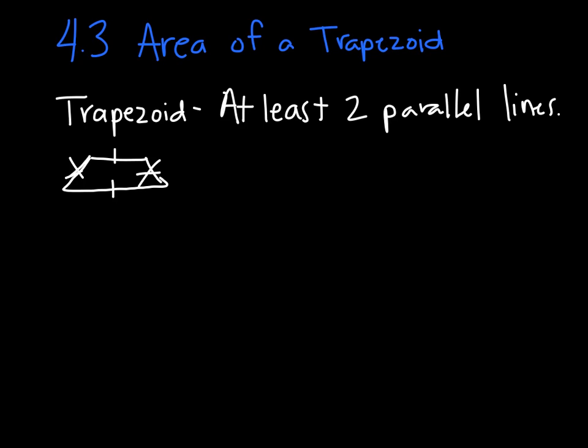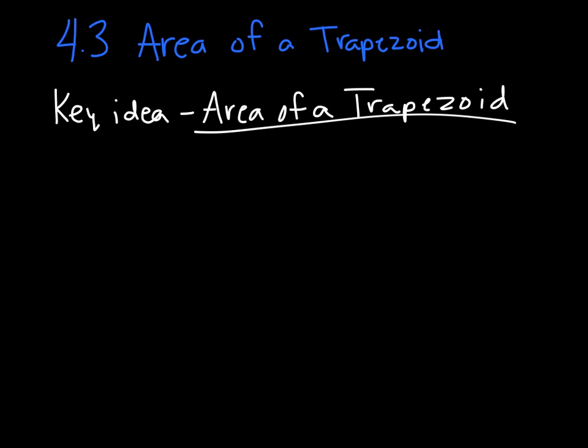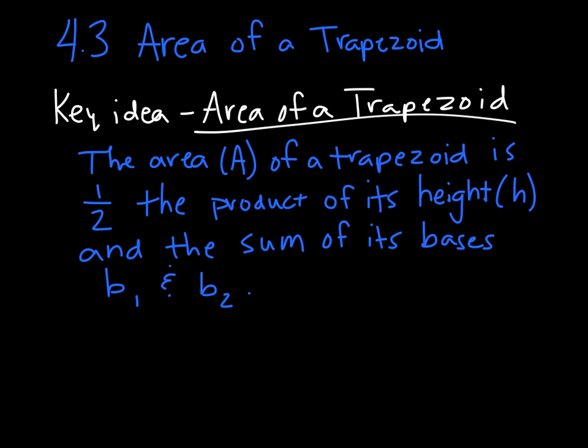So here's our key idea. The key idea is the area of a trapezoid. This sounds kind of confusing, but the area A of a trapezoid is 1/2 the product, remember product means multiplication, of its height h and the sum of its bases b1 and b2.